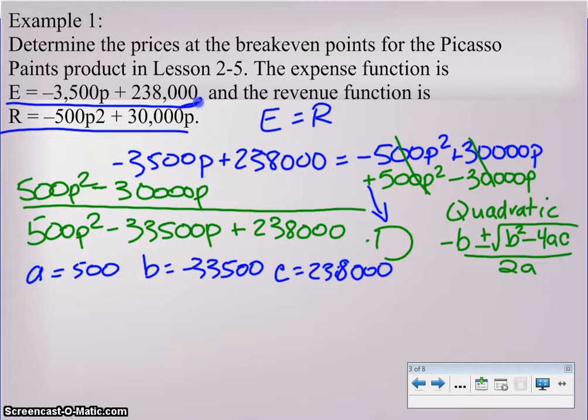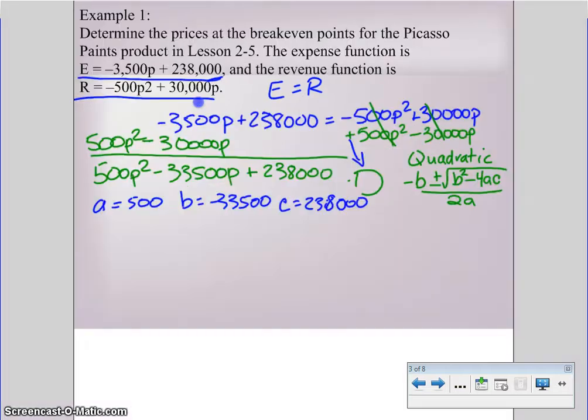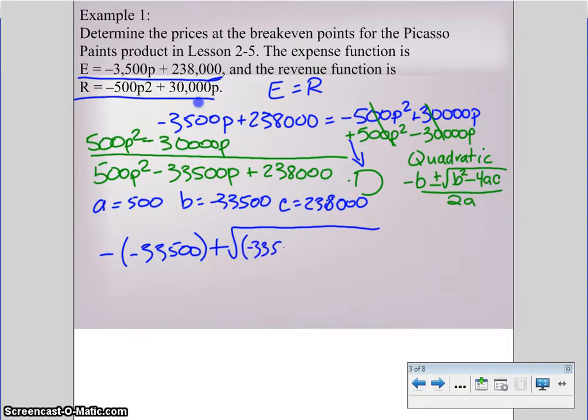When I plug these in, I'm actually going to do it as two different equations. The first one I'm going to do is negative b, which is negative negative 33,500, plus the square root of b squared, which is negative 33,500 squared, minus 4 times a times c.